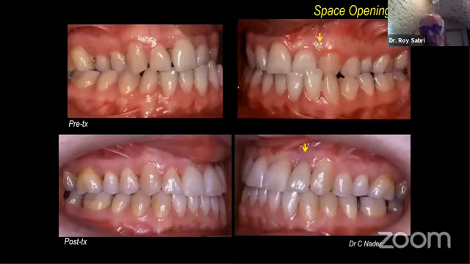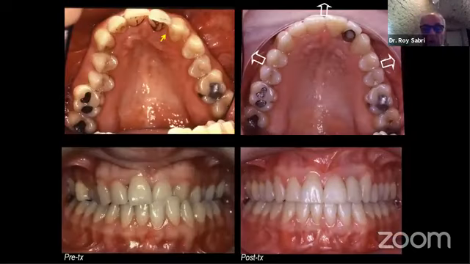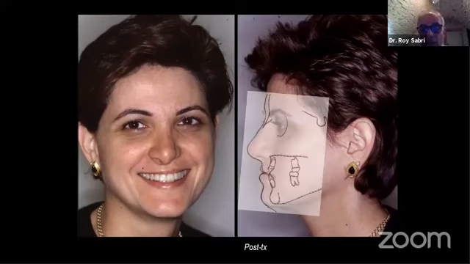Nicely seated class 1, the canine is seated in class 1, nice color, gingival level, nice arch. And in fact, look at the upper lip support. You can see it on the superposition, the lip was behind. And she was so excited with treatment that I proposed to her, before she got married, that I could remove the braces and give her a flipper.